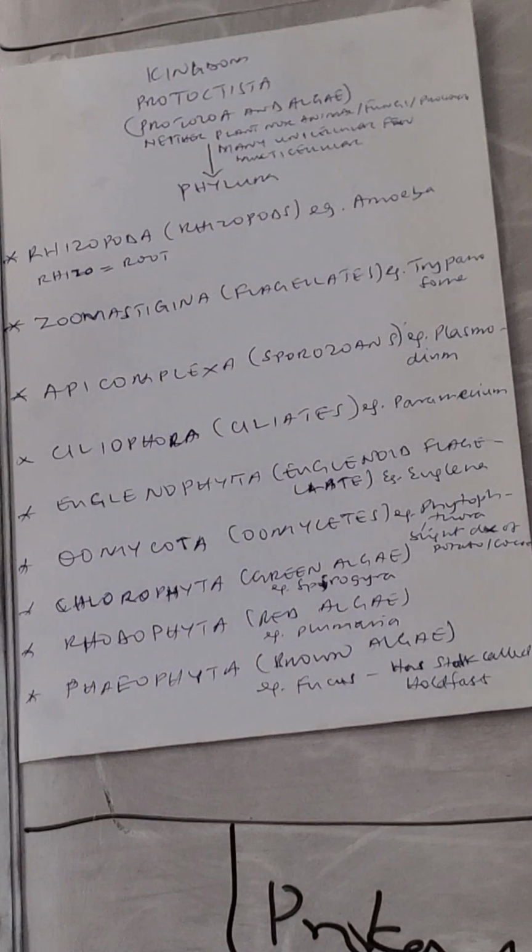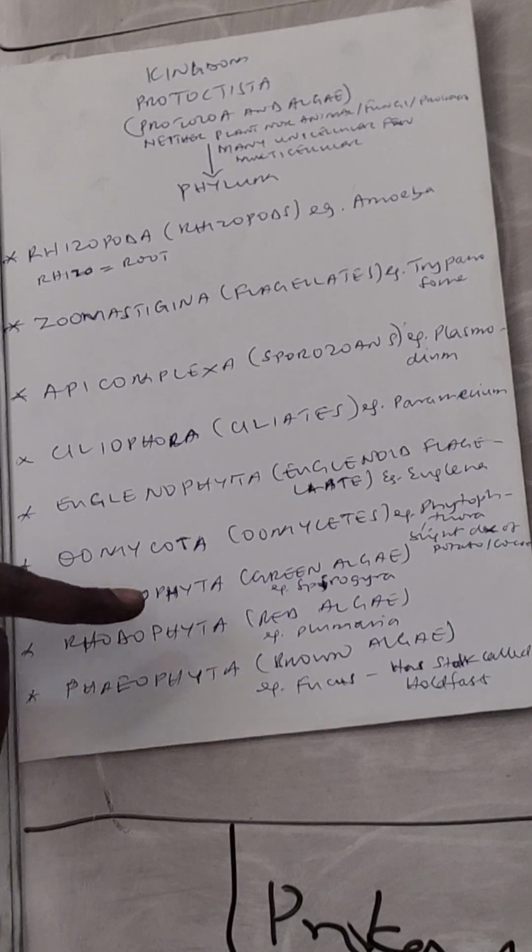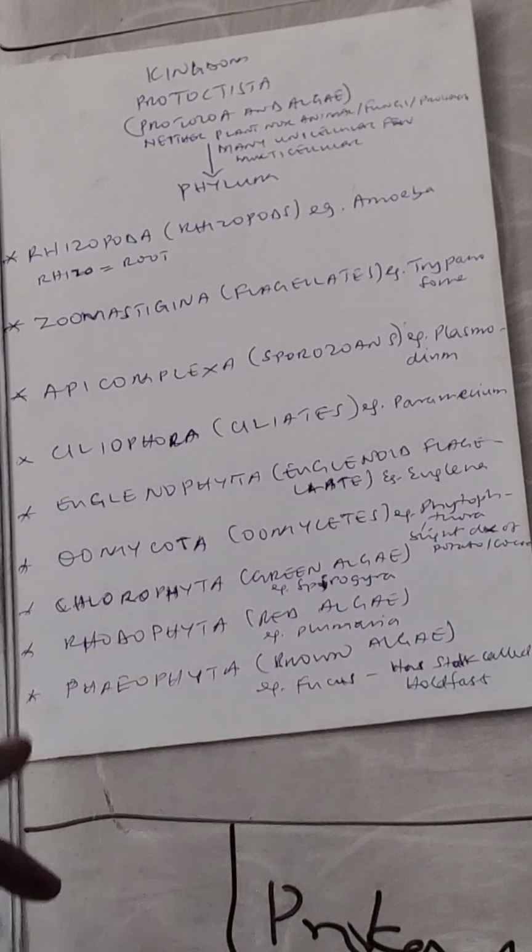Right, so these are the Prototista group, okay? So the main ones that we'll be looking at: Oomycota, Chlorophyta, Rhodophyta, and then the other ones, just look at them.